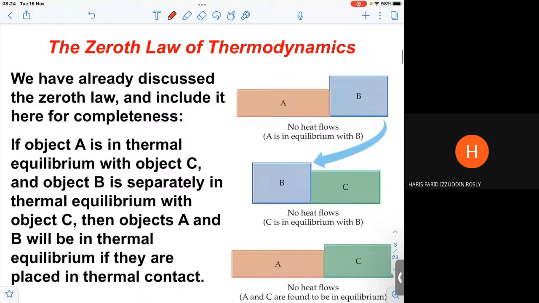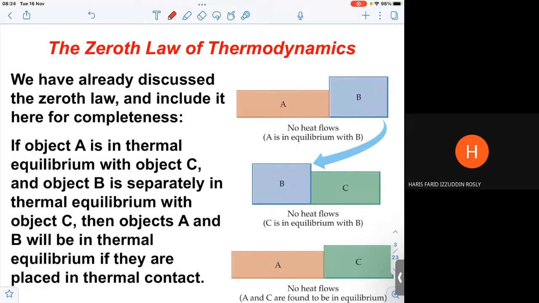All right, so first of all, let me refresh what we have learned in past weeks about the zeroth law of thermodynamics.